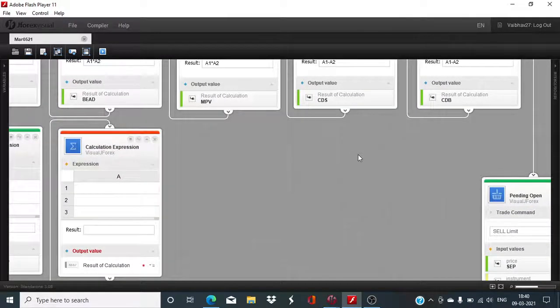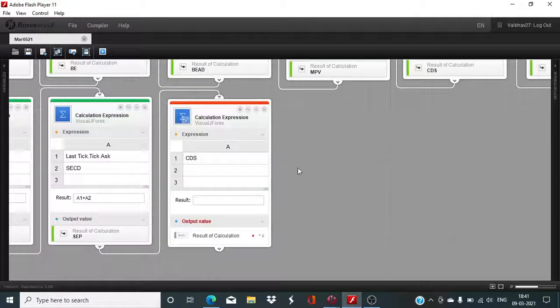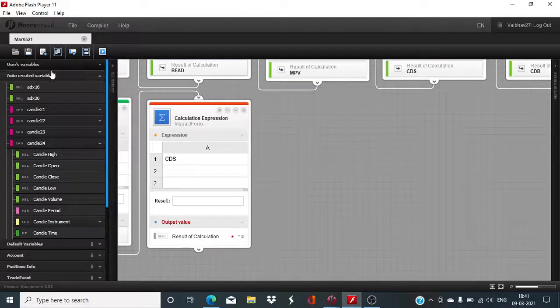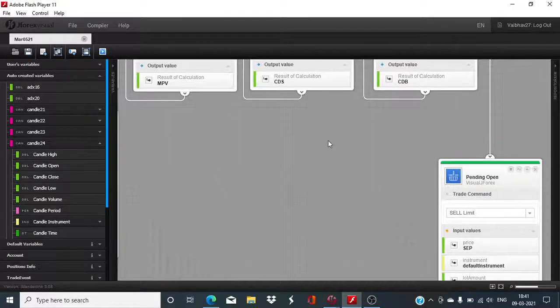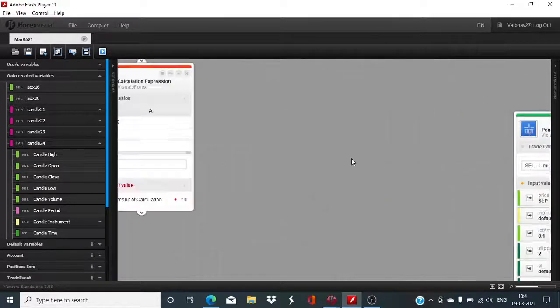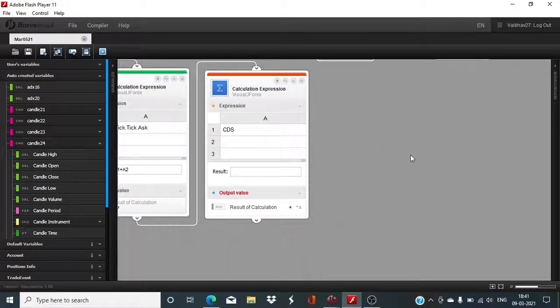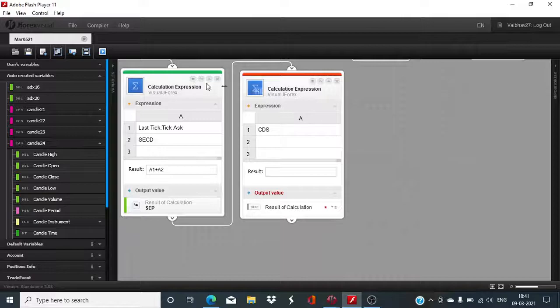So both sides will need to be defined independently.